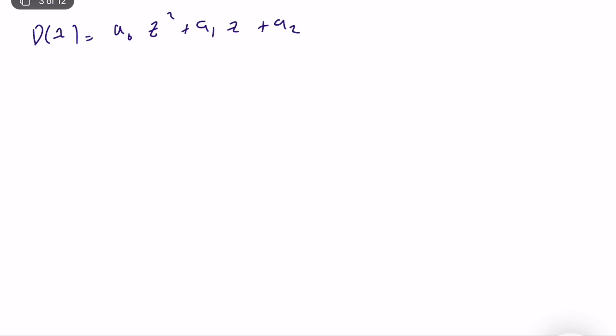If we have two real roots, we can write it in this form: D of z is equal to a0 times (z plus p1) times (z plus p2). Technically this is a0.